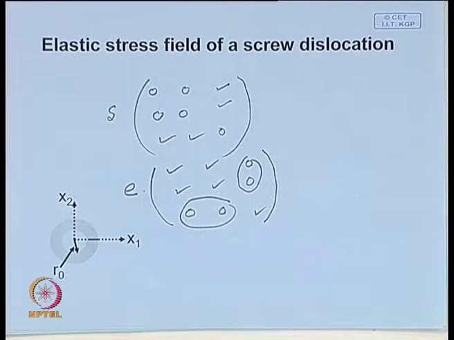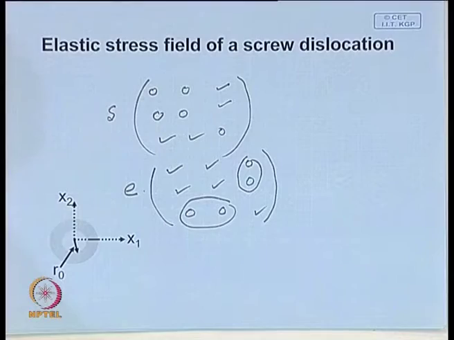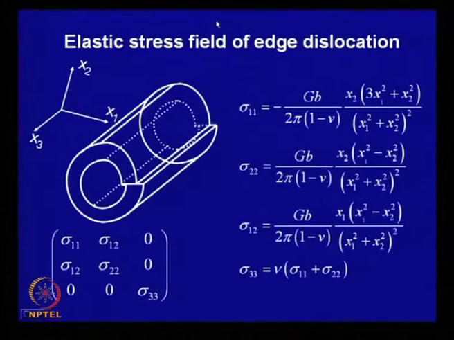But in reality often a dislocation will have a mixed character. So, in that case we can superimpose these two stress fields, and all these components will be present. And here you see this is a hydrostatic stress field; an edge dislocation has a hydrostatic stress field.